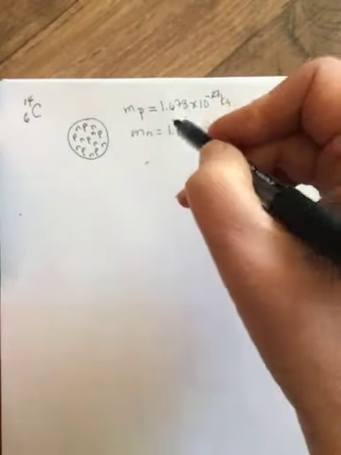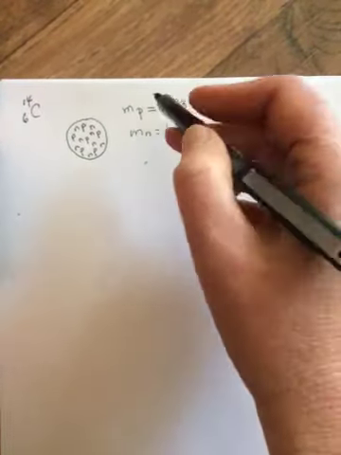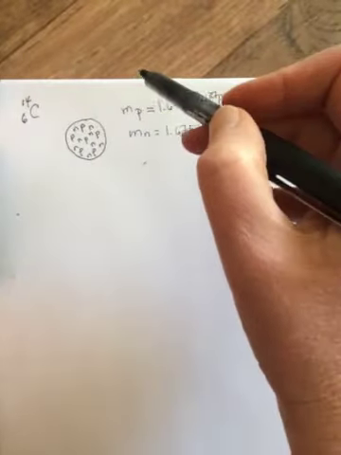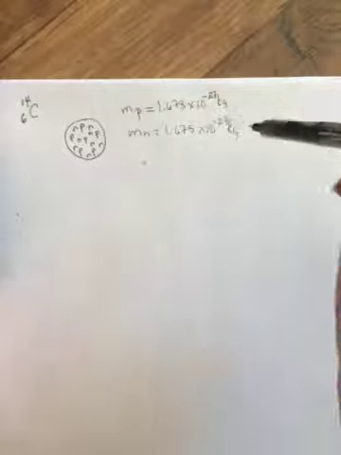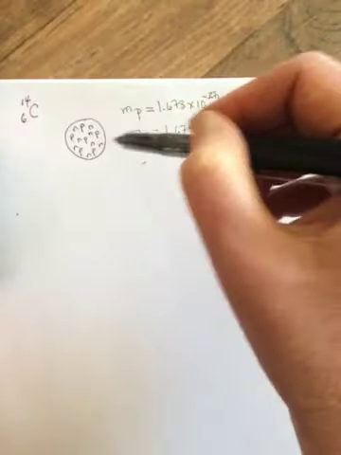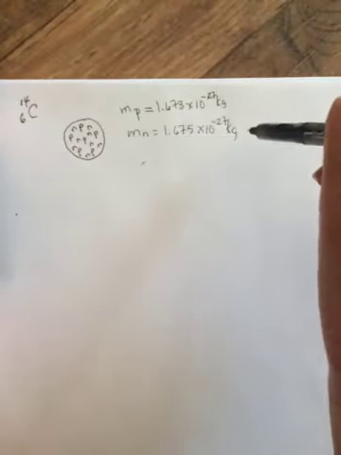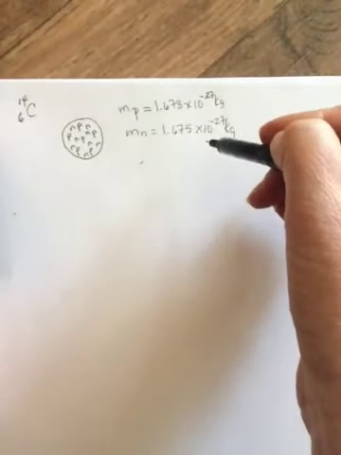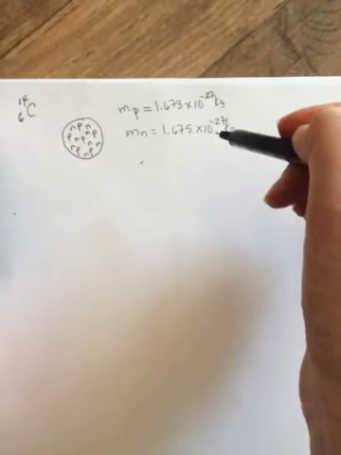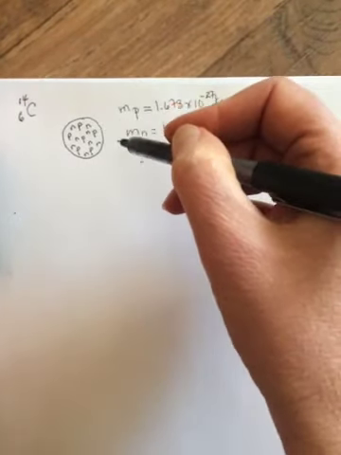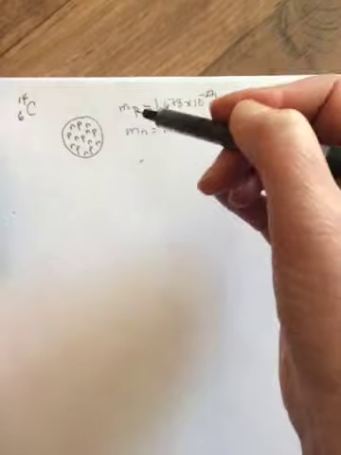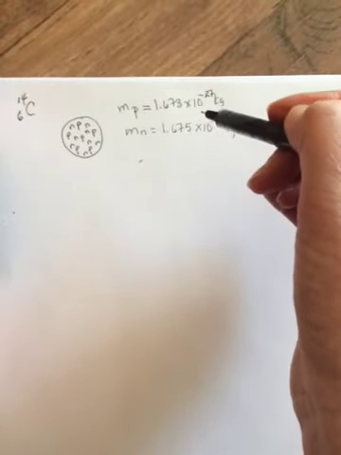But what we discovered was when we multiplied the mass of a single proton by the number of protons in the nucleus and added it to the mass of a neutron times the number of neutrons in the nucleus, the number we got was never actually the same as the mass of the nucleus, when we actually measured the mass of the nucleus.